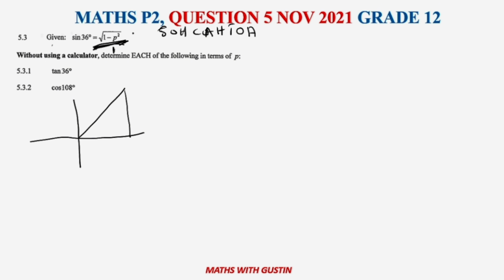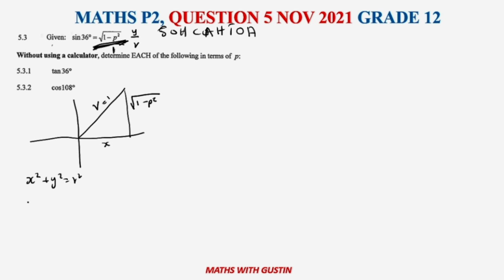So now this is just going to be y over r. Our r is 1, so our y is the square root of 1 minus p squared. We don't know the x value here, so we need to look for it. We apply the Pythagoras theorem, which states that x squared plus y squared is equal to r squared.